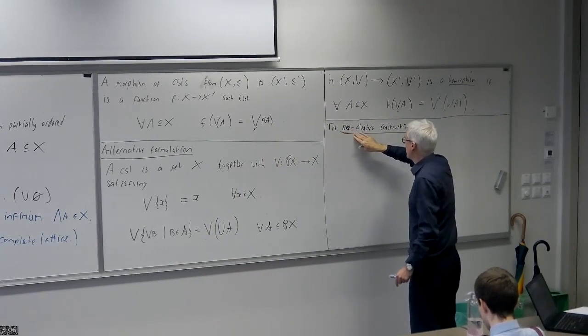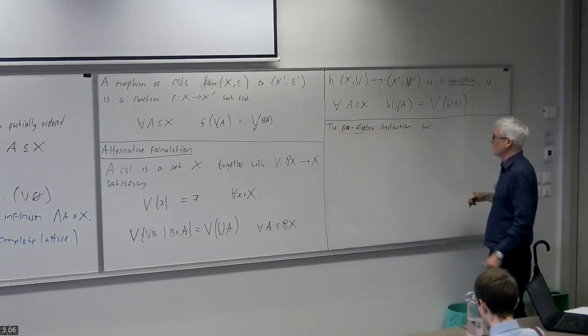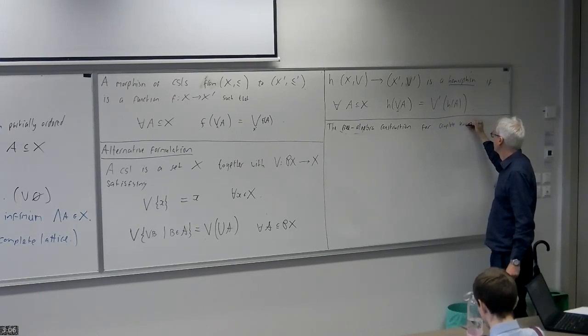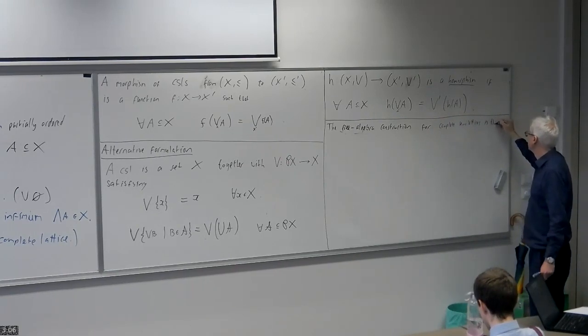I don't want to underline it because there's not a definition here. Elucidating what it is, the free algebra construction for complete semilattices is power set. Let me just write power set.